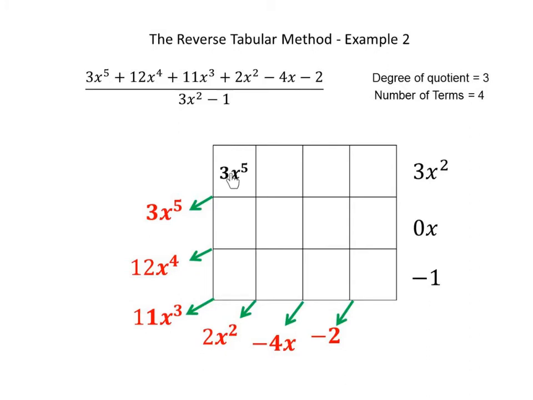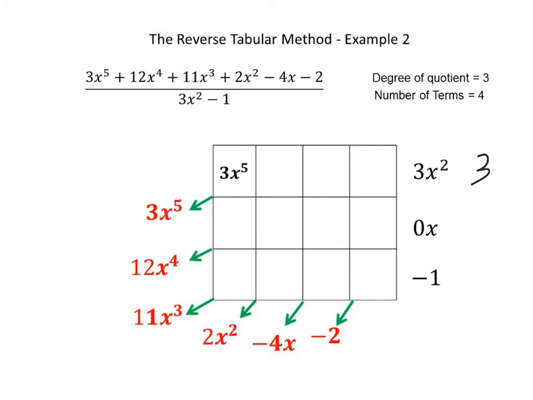We know that this term is coming from the product of this first term and the first term of the quotient. So 3x squared times something will give me 3x to the fifth. If I don't know what to do, I can actually divide those two things and find out what I'm supposed to place up there. So let's see.